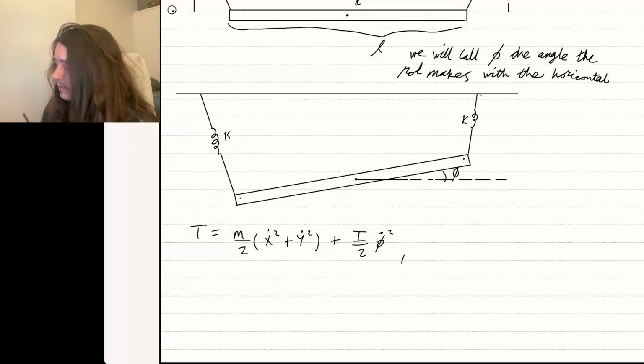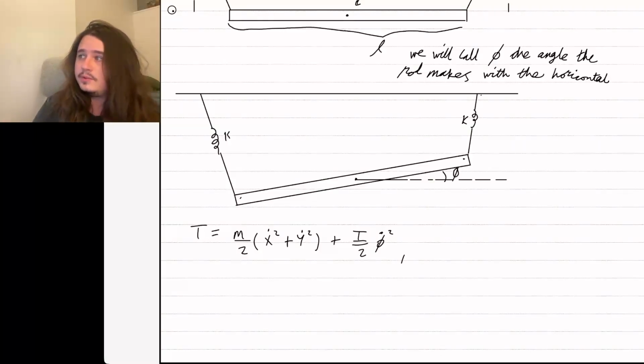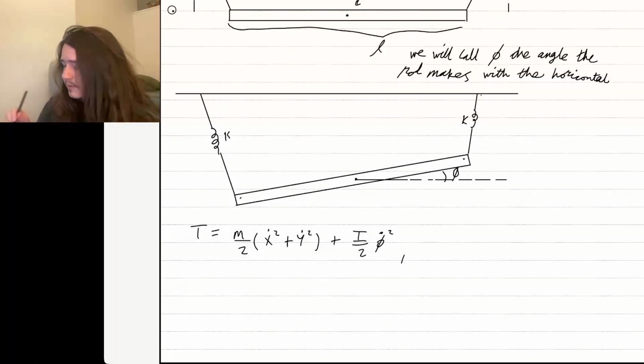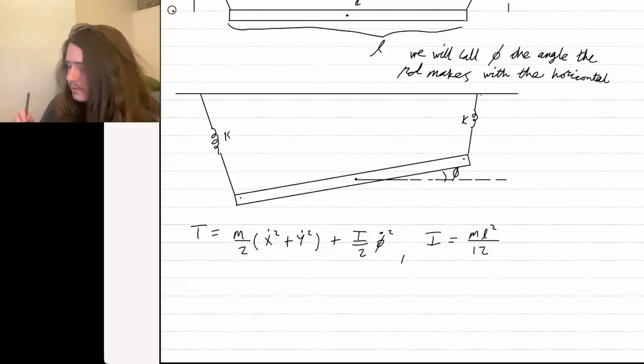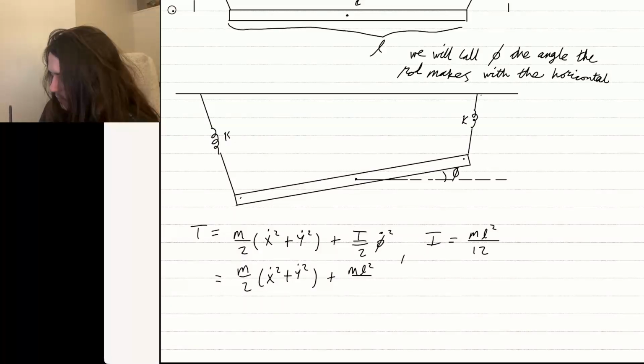Thankfully, the moment of inertia for a one-dimensional rod is just m l squared over 12. So we can skip right to using that. That's m over 2 times x dot squared plus y dot squared, plus m l squared over 24 phi dot squared.